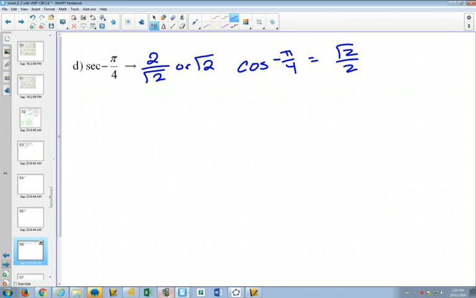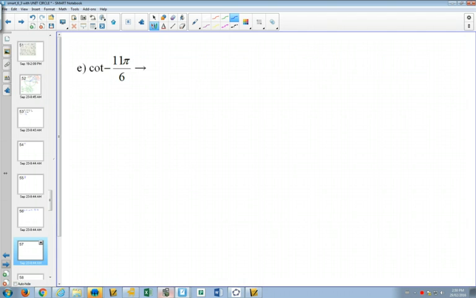Because you might remember that when we initially did root 2 over 2, we had 1 over root 2. And if you flip 1 over root 2, you just get root 2 over 1. Cotangent, negative 11 pi over 6. Well, let's think of tangent of negative 11 pi over 6. What do we know tangent of pi over 6 family? Root 3 over 3. Maybe use that strategy that 3 plus 3 equals 6 to help you remember that. What quadrant is negative 11 pi over 6 in?